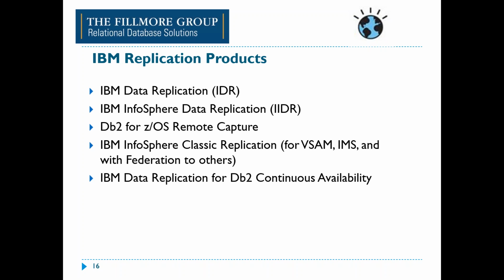You can kind of look at this as, they're trying to make the punishment fit the crime in terms of pricing. IIDR is the original IBM replication offering that includes both QRep and InfoSphere Change Data Capture. And IBM bundled the two of those together, and the original price model was that if you were doing replication, you took all the sources and all the targets, and you licensed all of them.